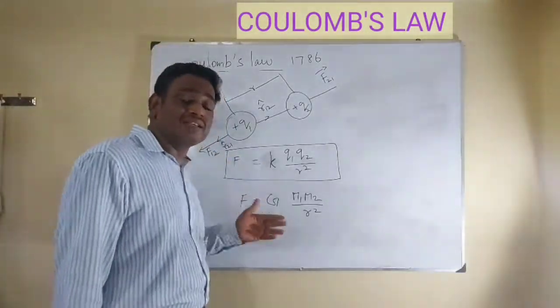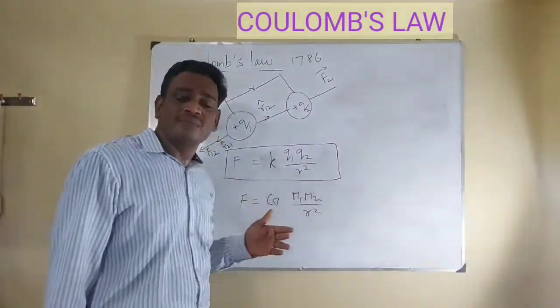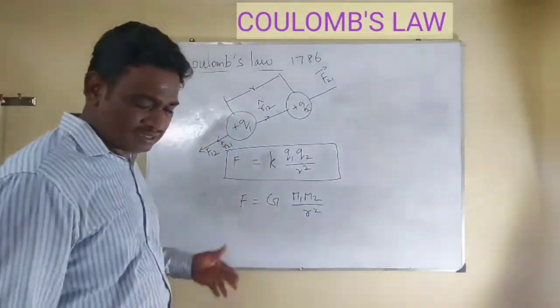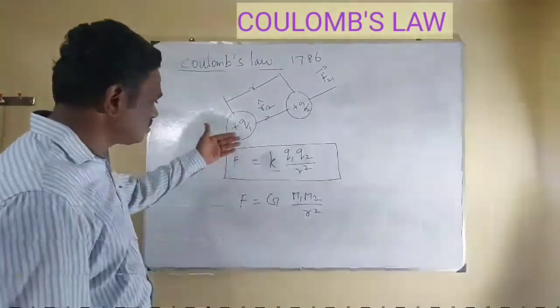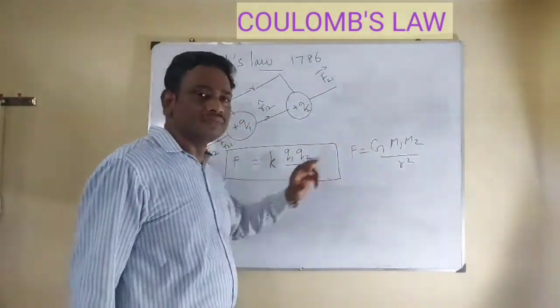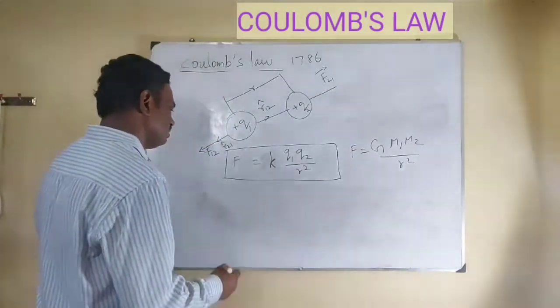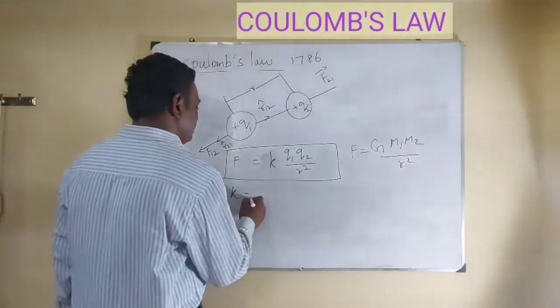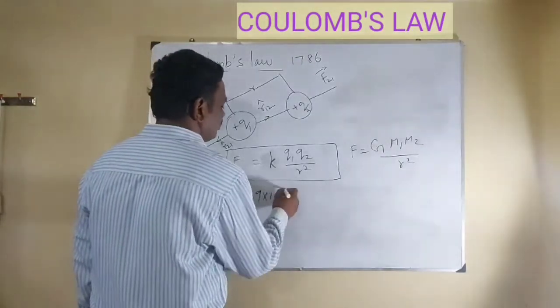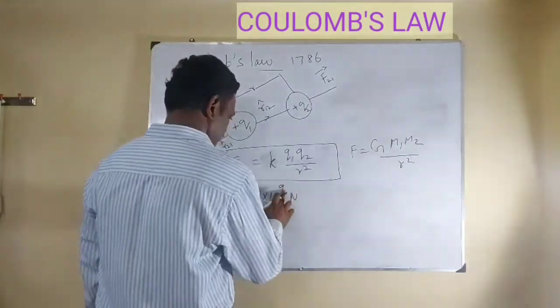Even though they appear like a similar equation, there are so many differences. Let's see what's the difference between these two. The value of the constant is not the same. The value of K is equal to 9 into 10 power 9 Newton.